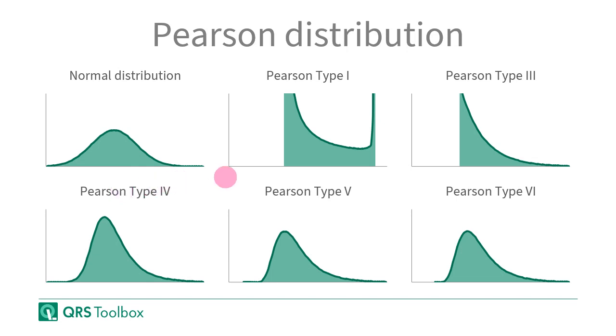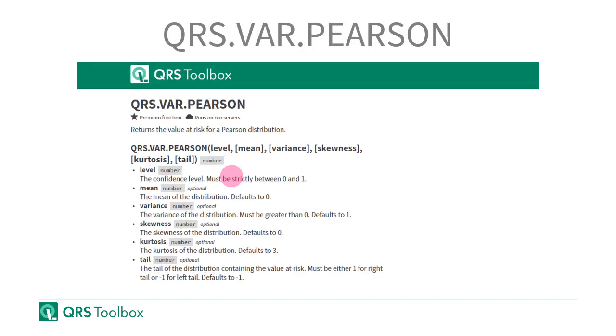But how do we calculate VAR for a Pearson distribution? More specifically, how do we calculate VAR for a Pearson distribution in Excel? Simple. We use a custom function called qrs.var.pearson. It accepts 6 parameters.